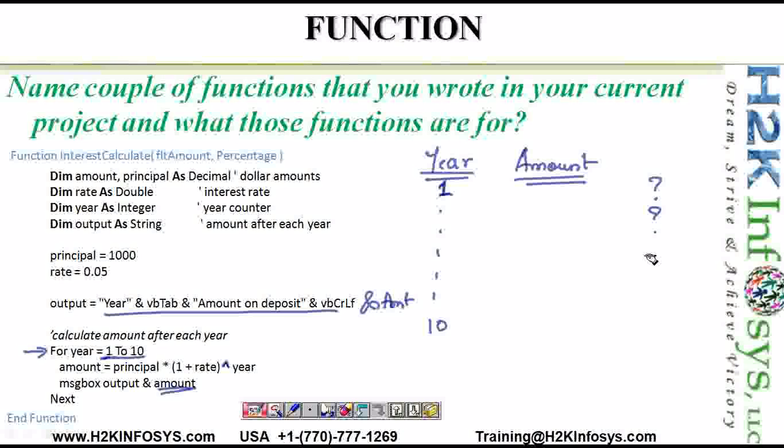For the second year, how much is the amount to be paid? For the third year, what is the amount to be paid? And it displays up to 10 years. So for all the 10 years, what are the different amounts to be paid? The entire result set is generated in this interest calculator. So this is another function which is used for the calculation of the interest every year.